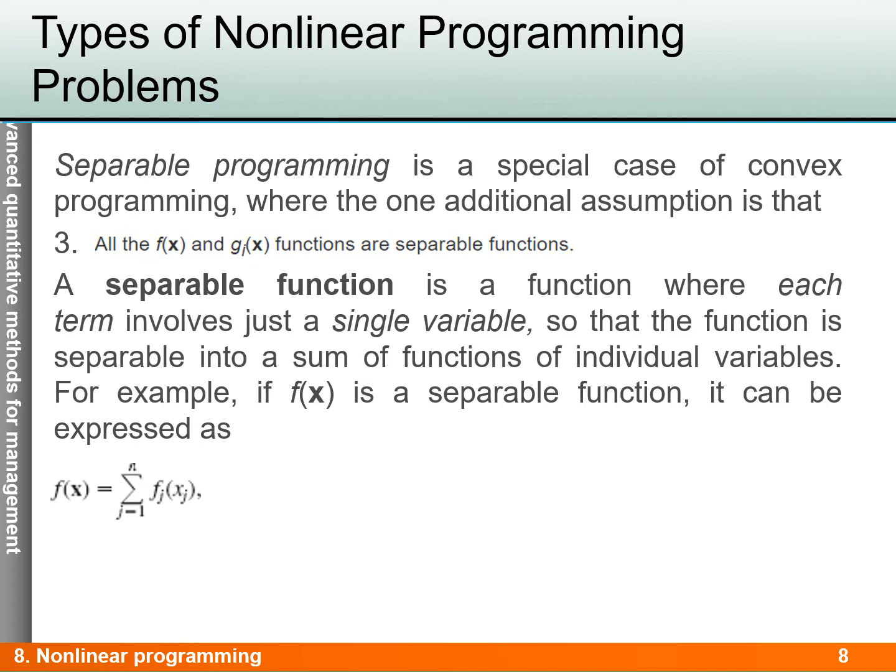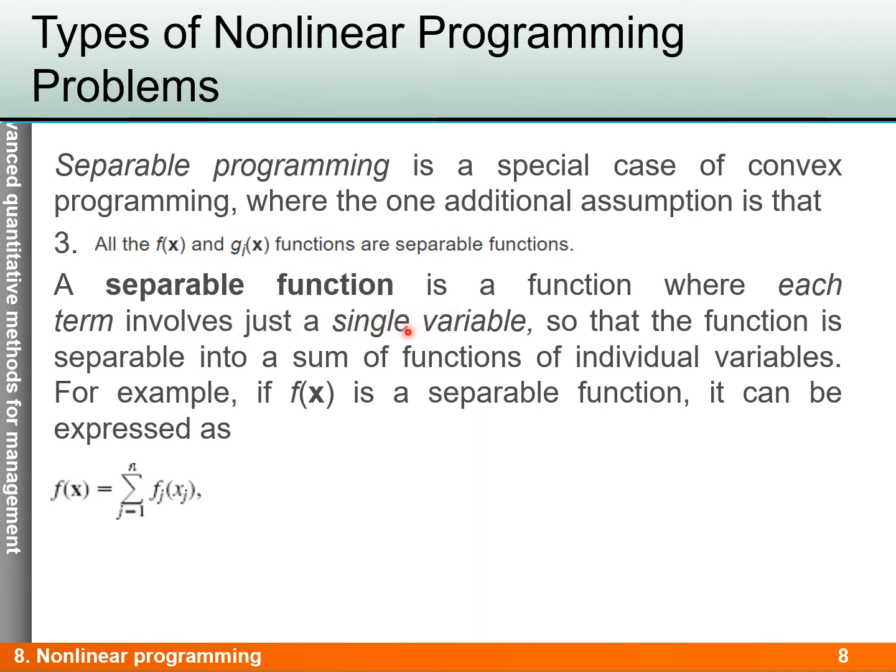So my f1(x1) is 126x1 minus 9x1 squared, and my f2(x2) is 182x2 minus 13x2 squared. A separable function is a function where each term involves just a single variable.